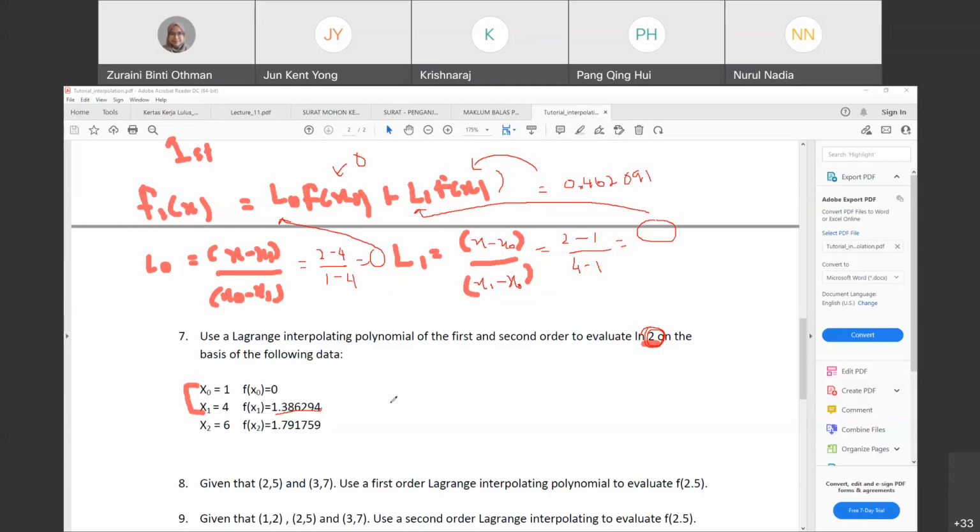Okay, bila kita pergi ke second order Lagrange, kita pergi second order ini how to build rumus.